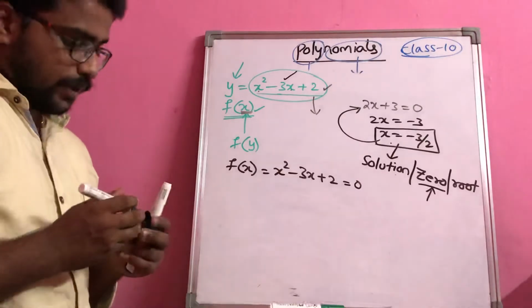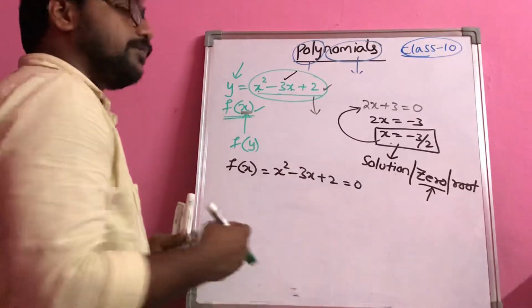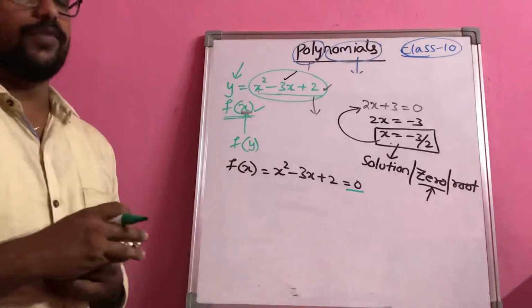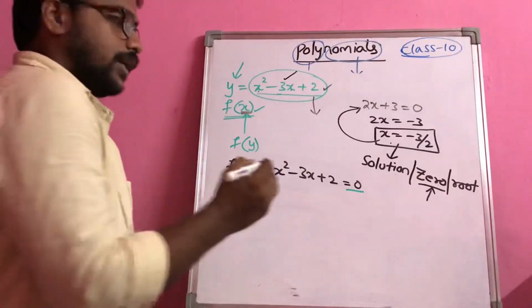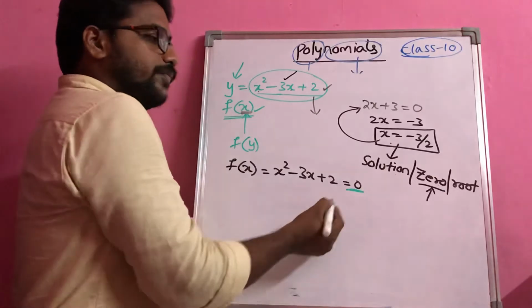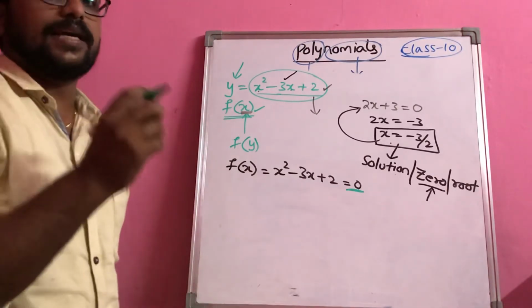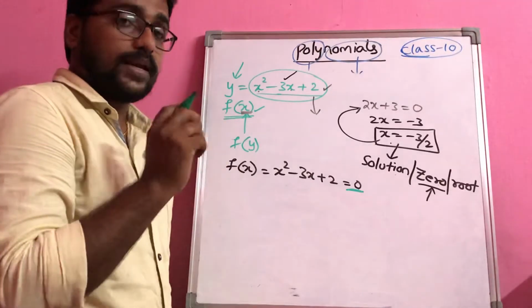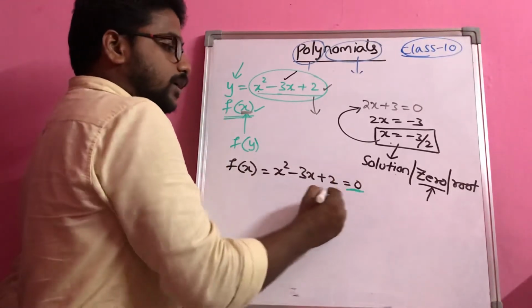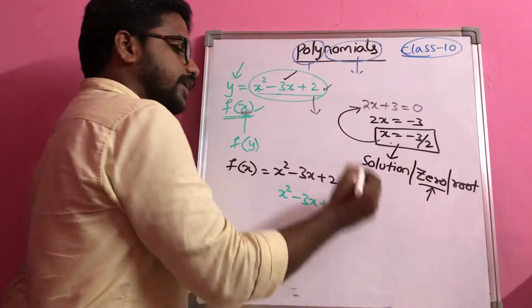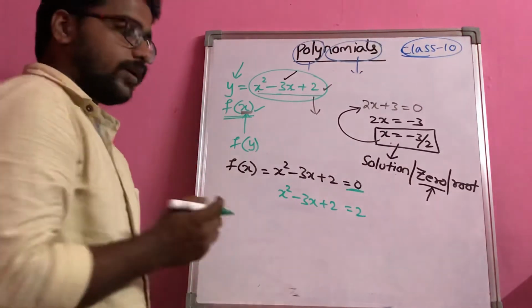You may get a doubt here. What is the reason behind equating to only 0? Why can't we equate to some other value? Simple reason. If you equate to 0, even if you bring this 0 to the left side also, there won't be any change in the equation. Whereas if I write this equation as equating to 2, just observe what happens.